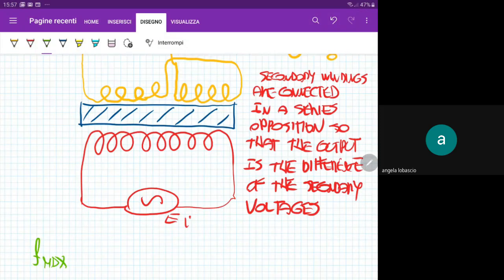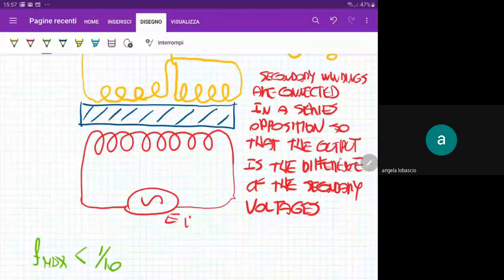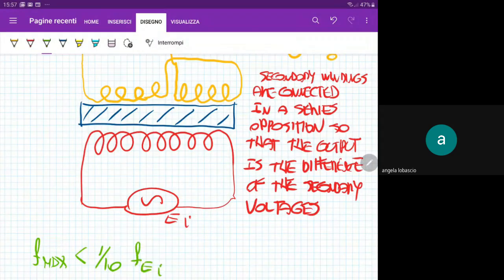So that we can assume that this transducer is a zero-order transducer, the maximum frequency should be less than one order of magnitude of the input frequency, that is, 1/10 of the frequency of the input excitation, the input voltage.